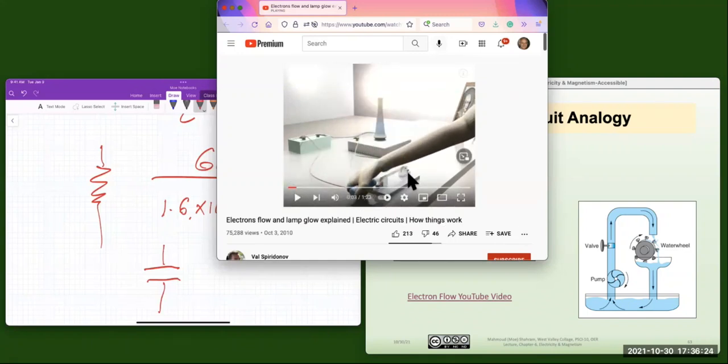Now here there's a switch. Here is the battery, and here's the light. And the wires are connected.